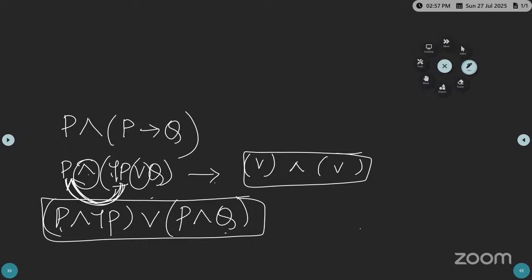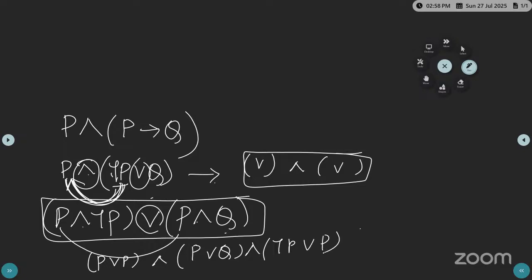It will become P or P, and P or Q. You should remember this one. You should not get confused. P or P and P or Q, right? And negation P or P. See here, you are distributing like this. Negation P or P.